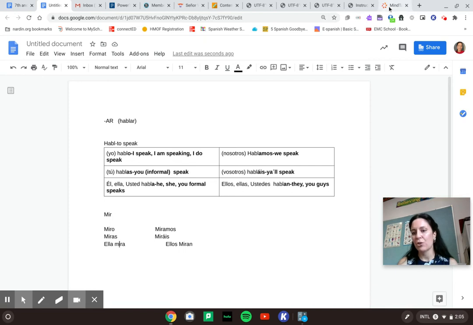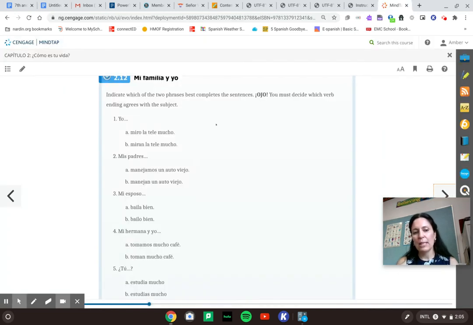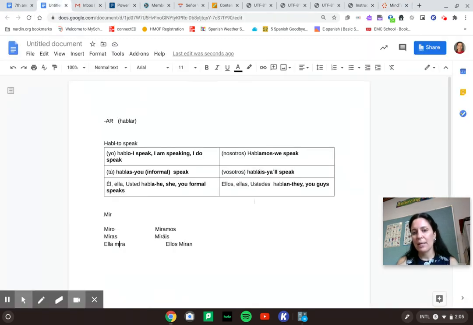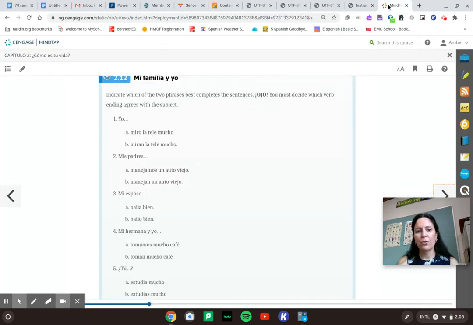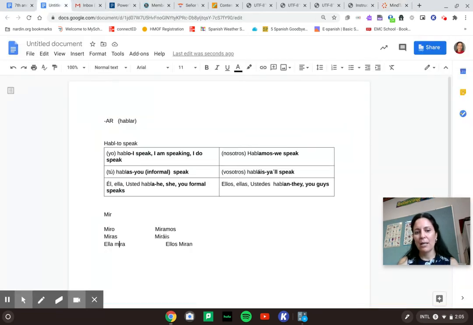It has to match. And then número dos says mis padres. Mis padres is an example of a group of people. So that's going to be like ellos or they. So for mis padres, would we say mis padres manejamos un auto nuevo or mis padres manejan un auto nuevo? In this case, manejar is to drive.